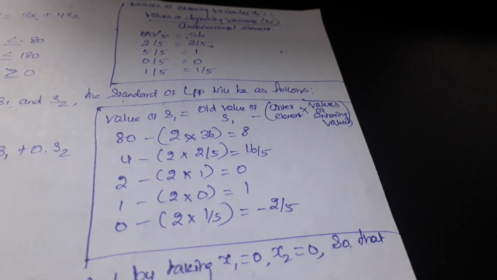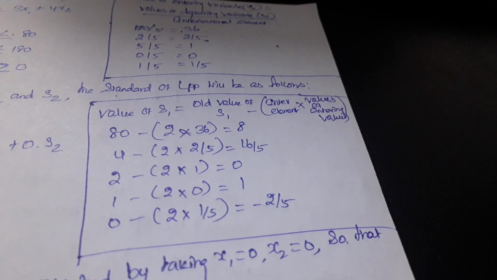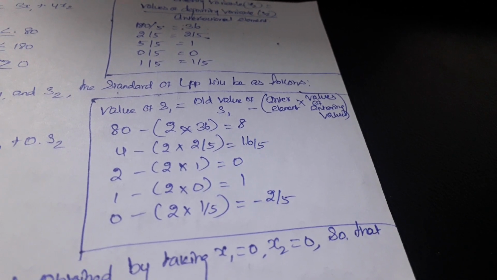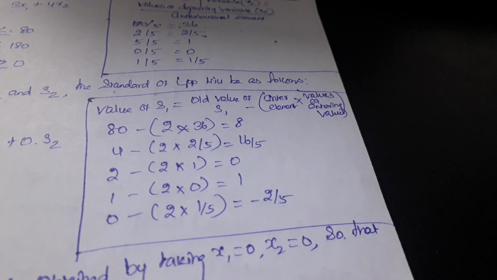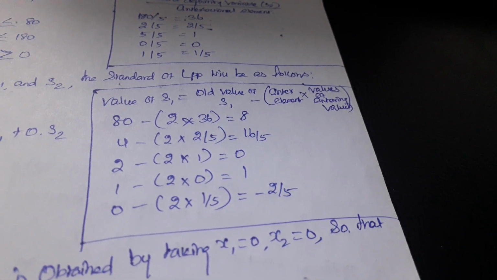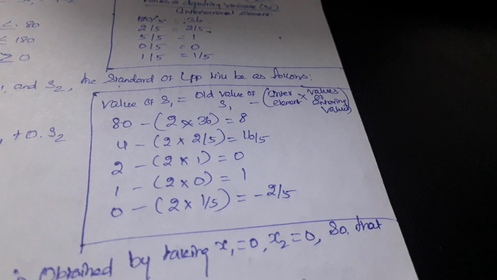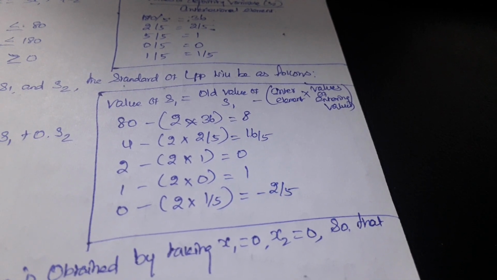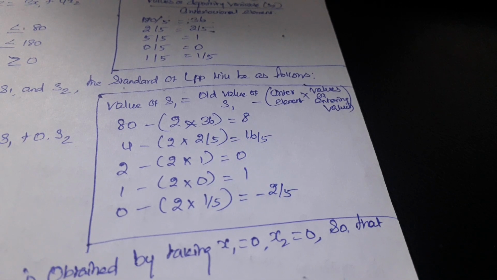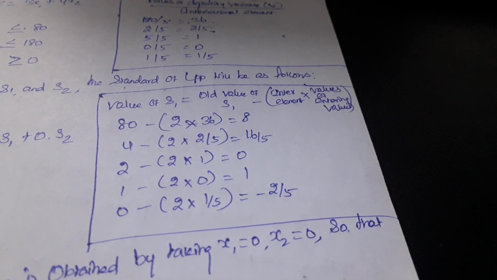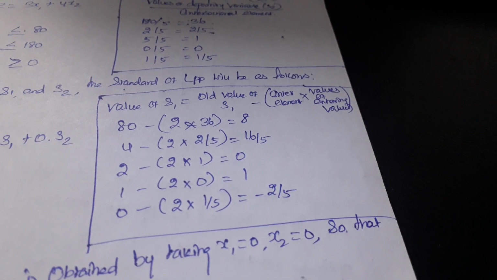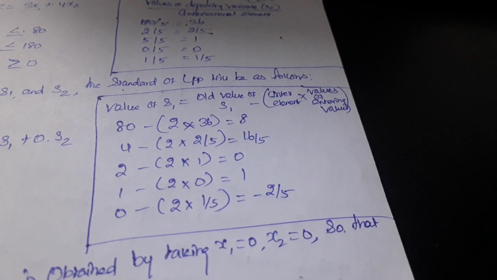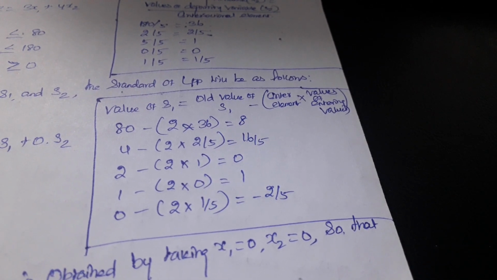For that we apply the following formula: the new value of S1 equals the old value of S1 minus the intersection element multiplied by the values of the entering row. Here the old values of S1 are 80, 4, 2, 1, 0. Then we subtract the intersection value, which is 2, times the entering row values 36, 2 by 5, 1, 0, 1 by 5.